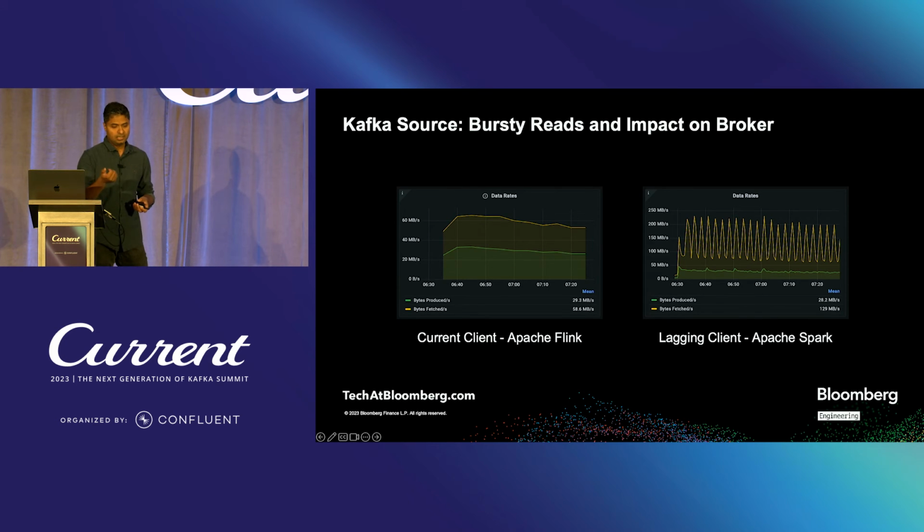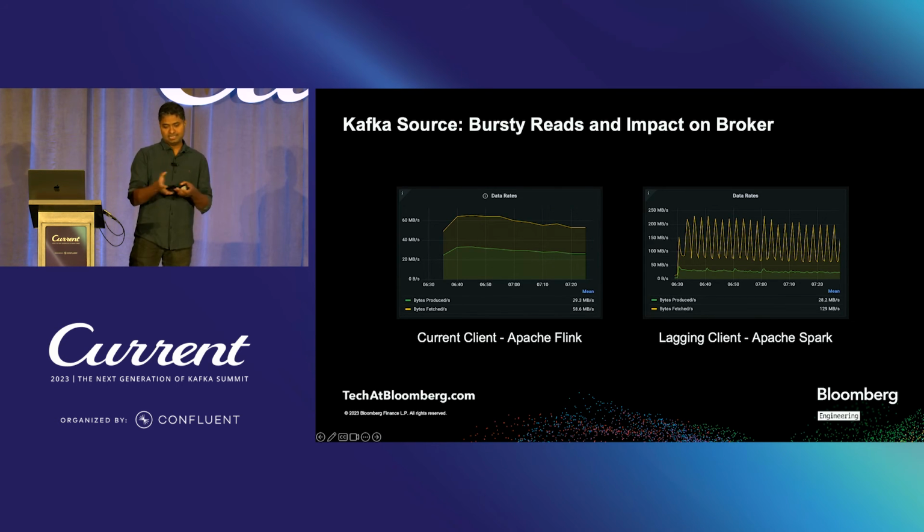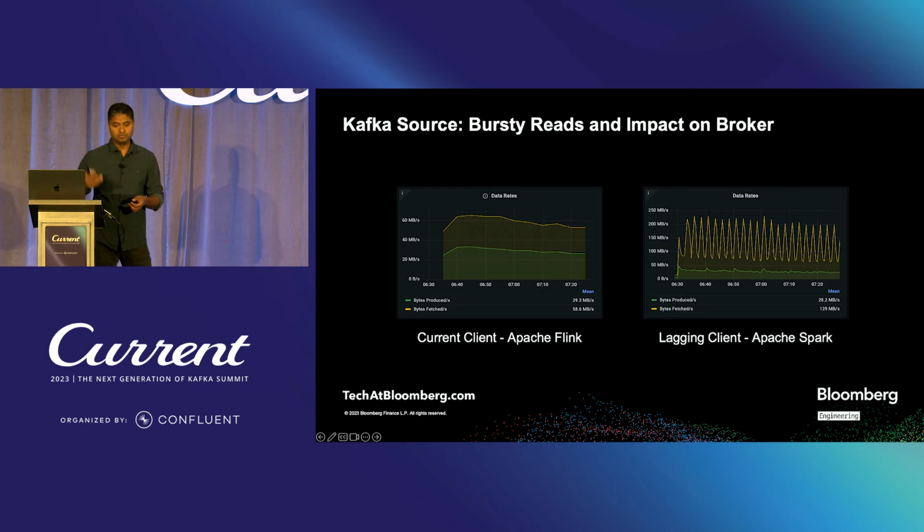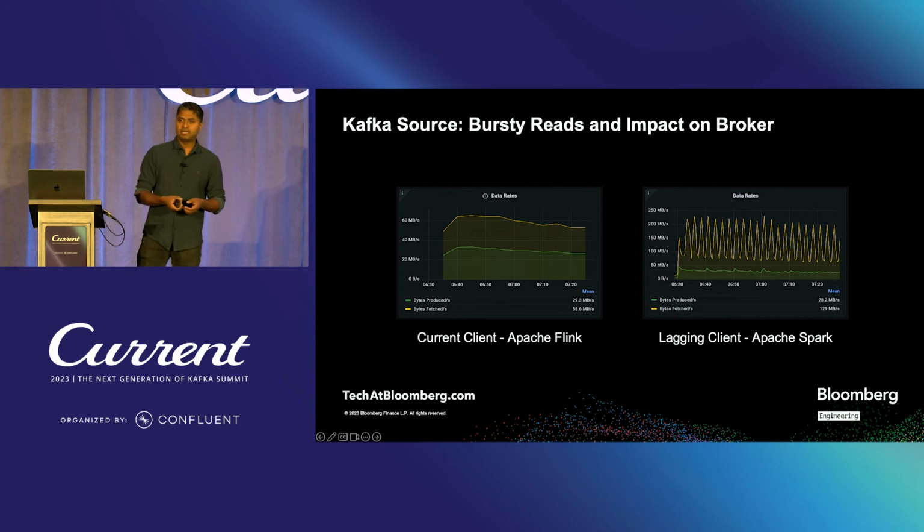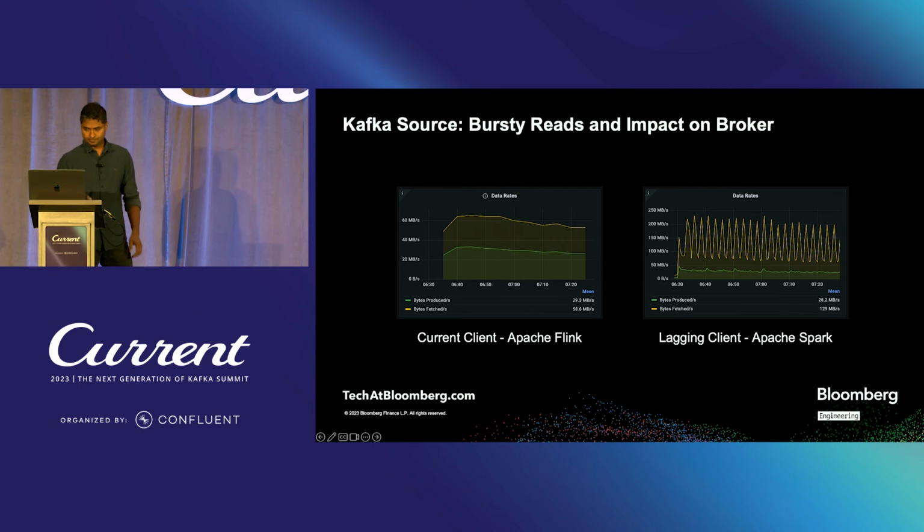As you can see here, current clients like Apache Flink have smoother read patterns because of this, whereas lagging clients like Spark have these bursty read patterns. While the impact of these patterns on the Kafka brokers could be minimal, it's good to know and keep this in mind when scaling to hundreds of applications.